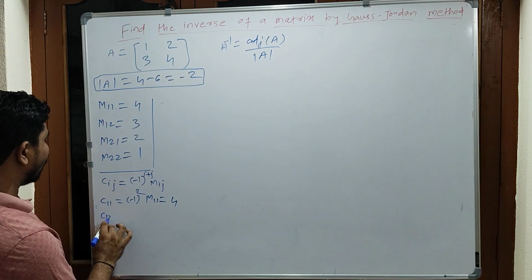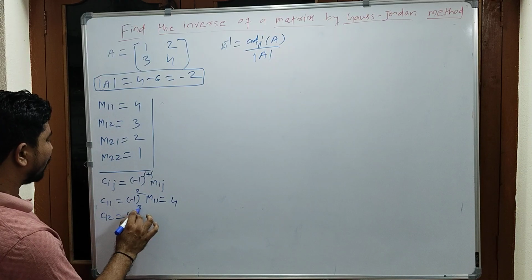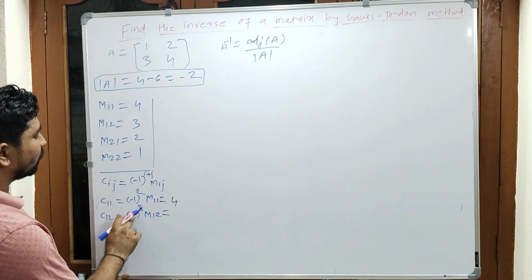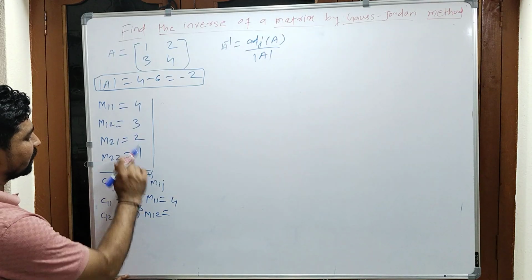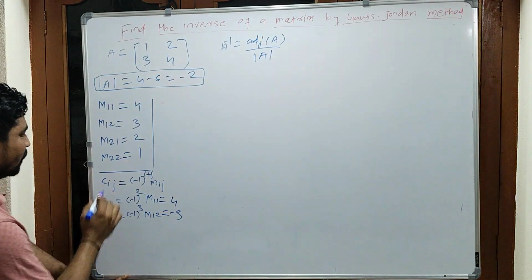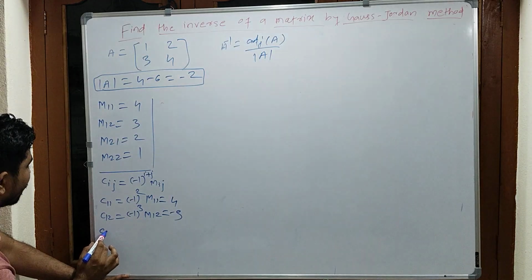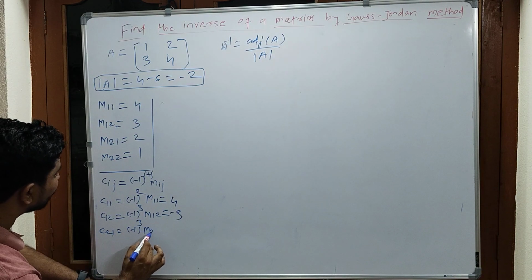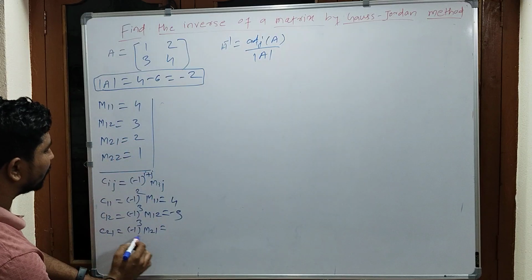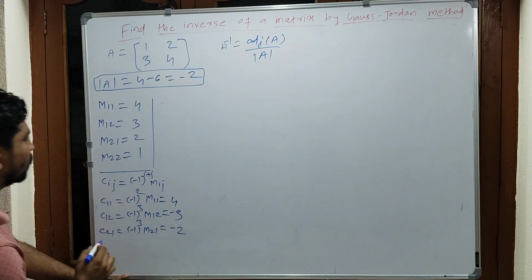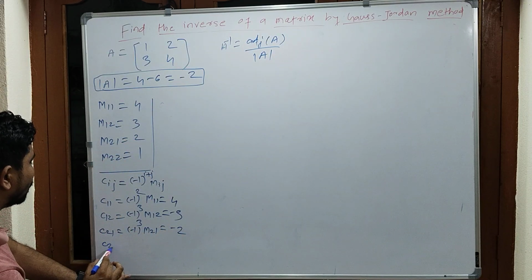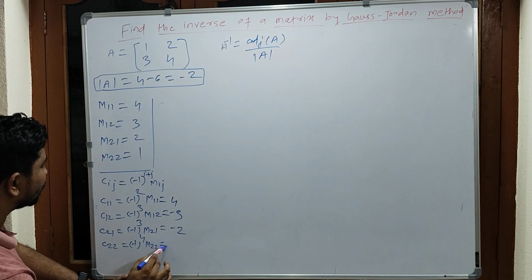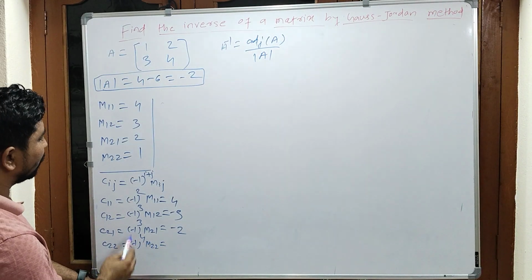And this is C12. Now find minus 1 to the power 3, M12, that is minus 1 to the power odd power, that is 3. This is minus 3. Here C21 is minus 1 to the power again 3, and M21 is given as 2. Here this is minus 2. Here C22 is minus 1 to the power 4, and M22, this is even power, so it becomes plus.